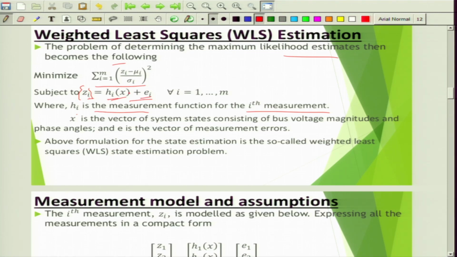The measurement has some error, and we are assuming that there will be that error and there will be some true value also, right. So we are trying to find out the true value. Now x is the vector of the system states, because the actual value depends upon the system states basically, consisting of bus voltage magnitude and phase angles, and e is the vector of measurement errors, correct. The above formulation for the state estimation is the so called weighted least square state estimation problem.